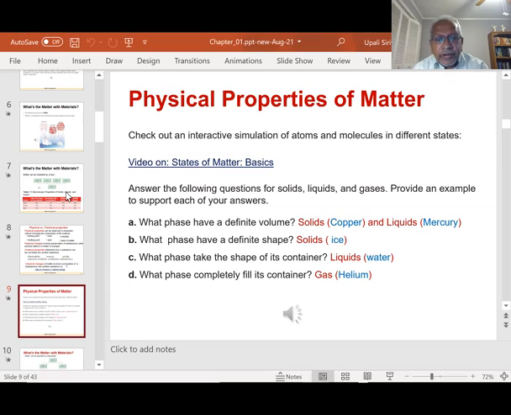So what phase or state has a definite shape? Solids. What phase takes up the shape of the container? Liquid. What phase completely fills its container? The gas phase.